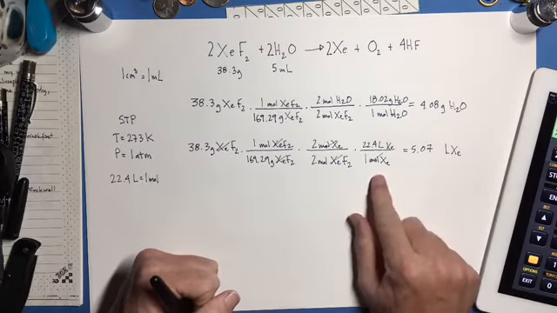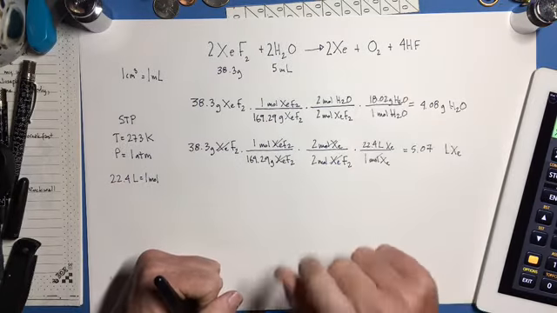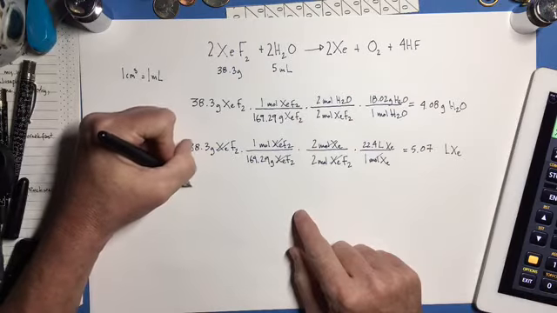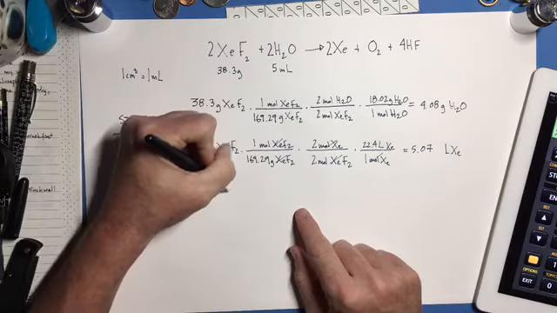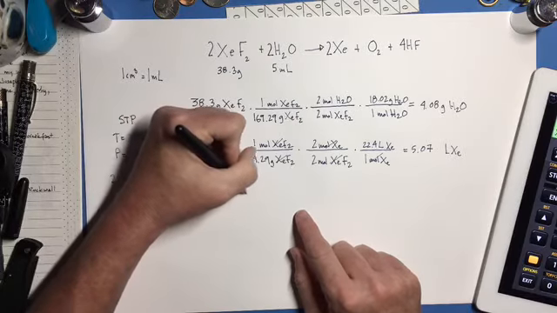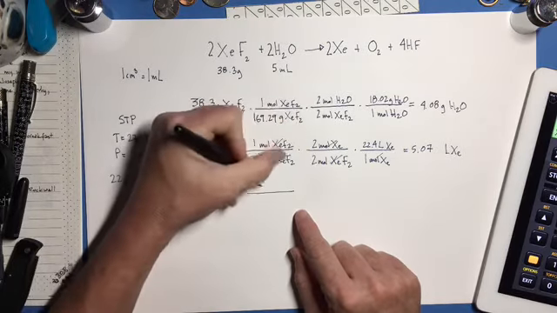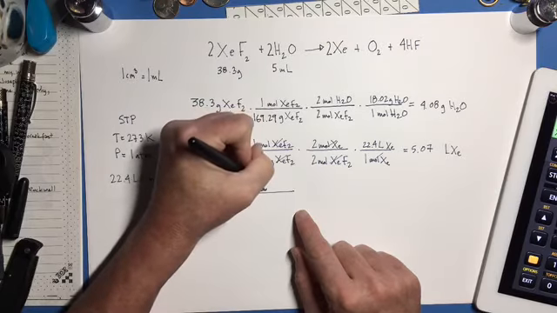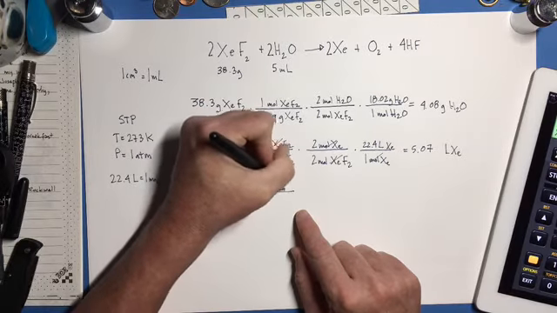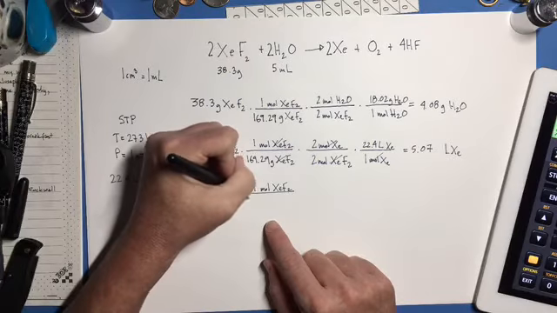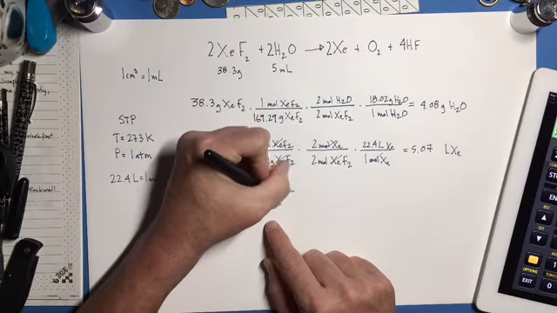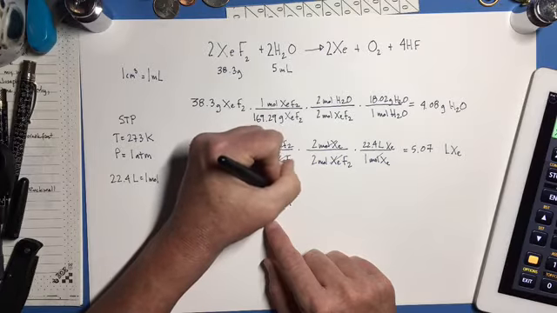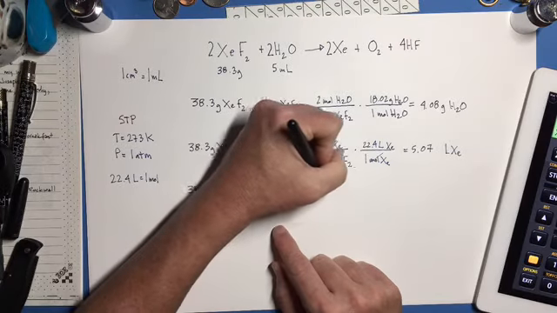Now I'm going to do a similar calculation to find the volume of oxygen. So once again, I begin with my limiting reactant, which is xenon difluoride. And I want to convert that to moles. 1 mole xenon difluoride is equivalent to 169.29 grams of xenon difluoride.